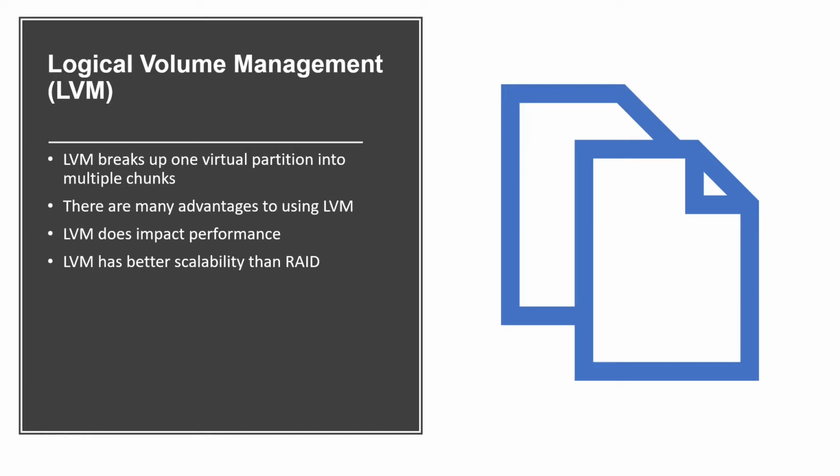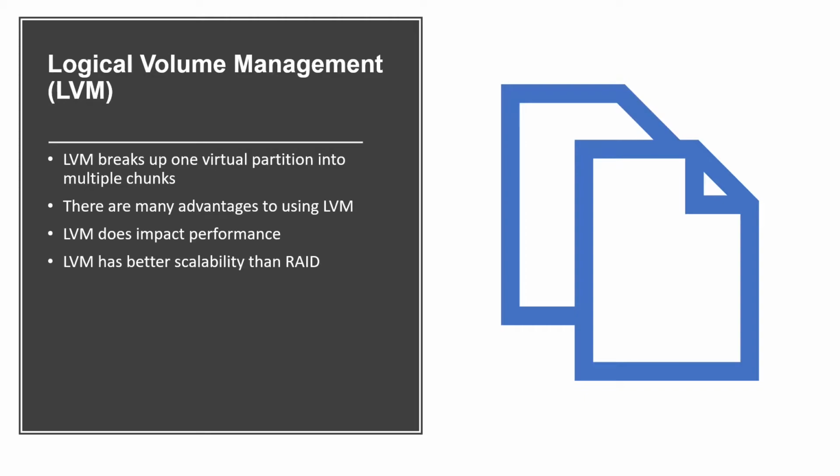Logical volumes are created by putting all the devices into a large pool of disk space, the volume group, and then allocating space from the pool to create a logical volume. Logical volumes have features similar to RAID devices. They can actually be built on top of a RAID device.